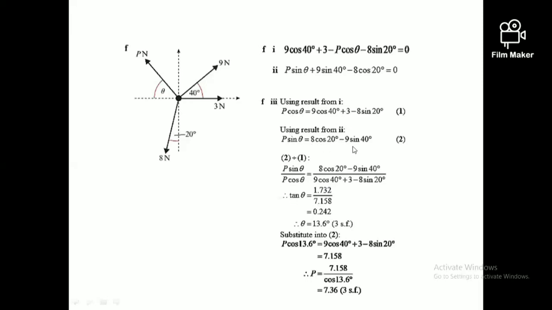I have applied the first equation: P cos 13.6 equals 9 cos 40 plus 3 minus 8 sin 20. I know all of the values. Then P equals 7.159 divided by cos 13.6. With that, you get P as 7.36.